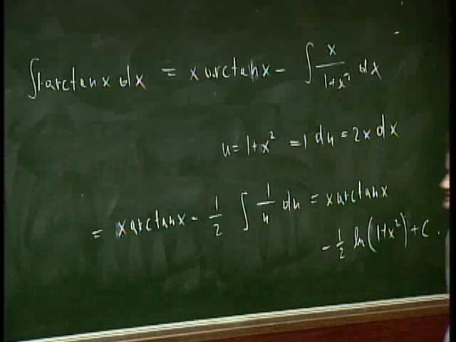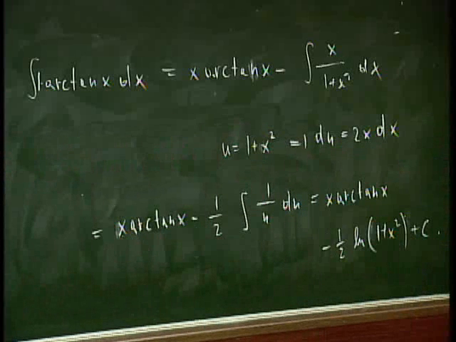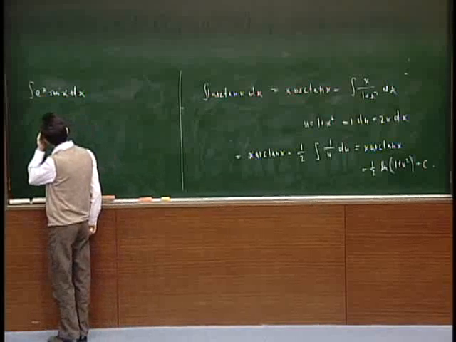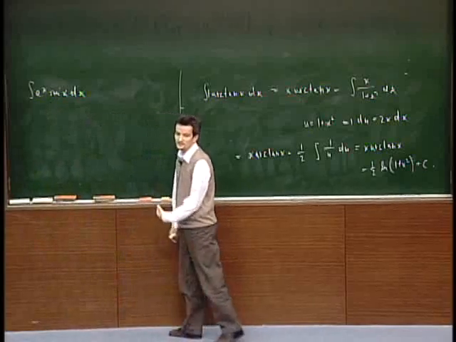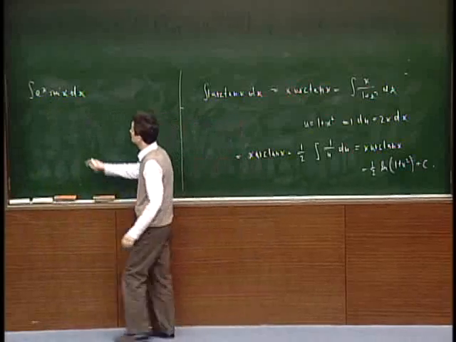Now, another standard example. Maybe some of you have seen it before. Would be this one. For instance, let's choose to differentiate sine of x and integrate e to the x.